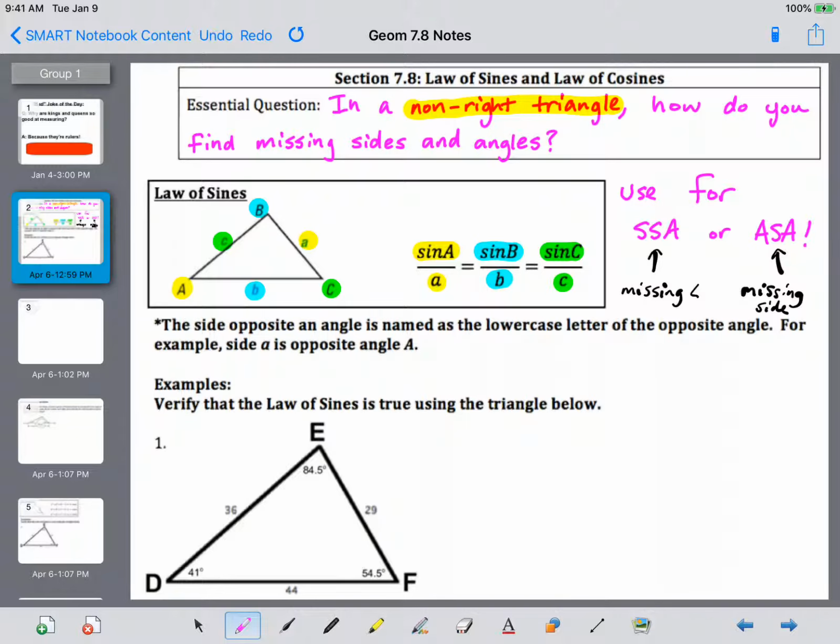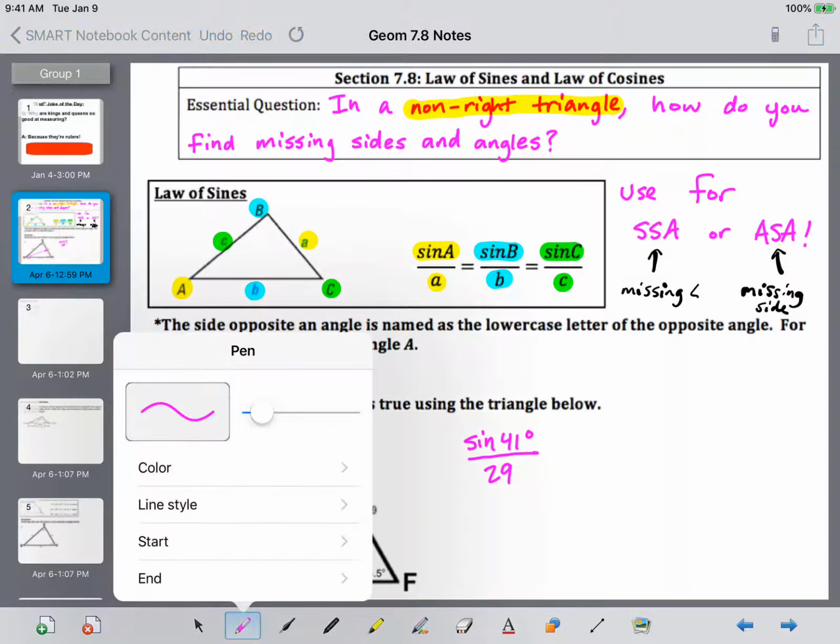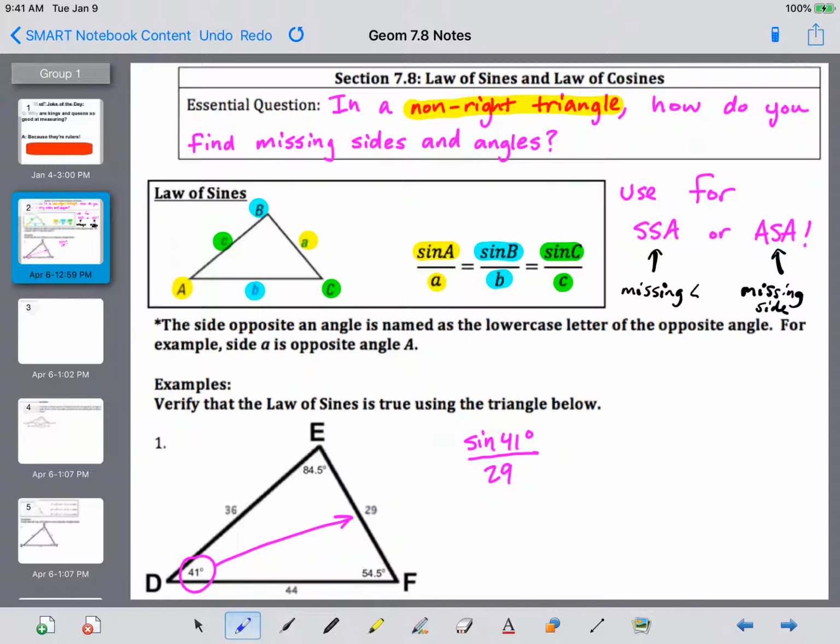So I'm going to start with angle D. And angle D is across from this side. So when we set up our ratio, we're going to say the sine of 41 degrees divided by 29. And then we're going to do the same thing for the next ratio. So if we go to angle E next, this is going to be the same thing as the sine of 84.5 degrees.